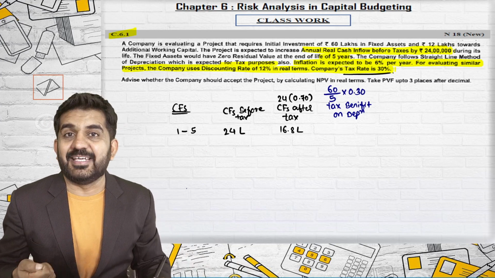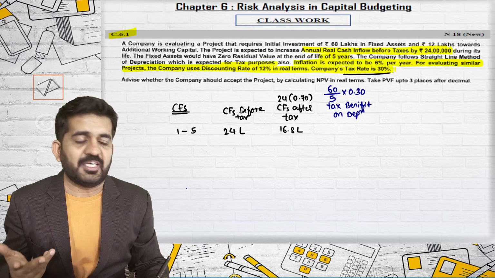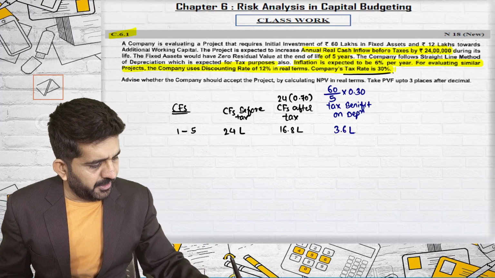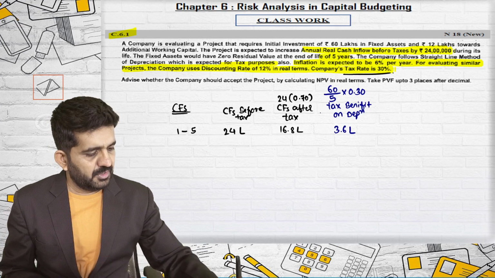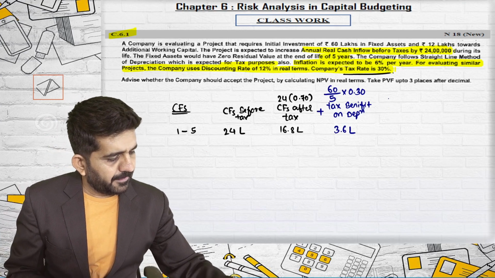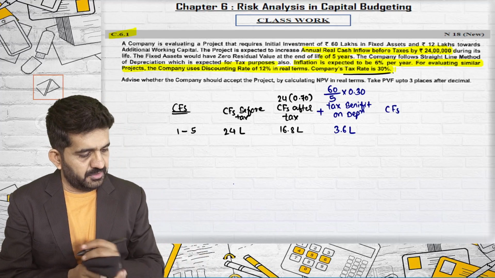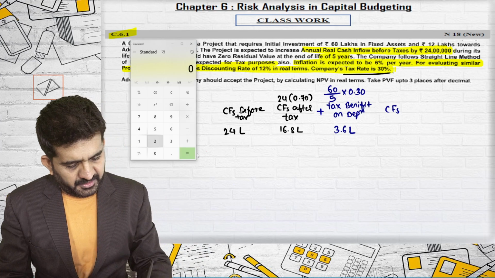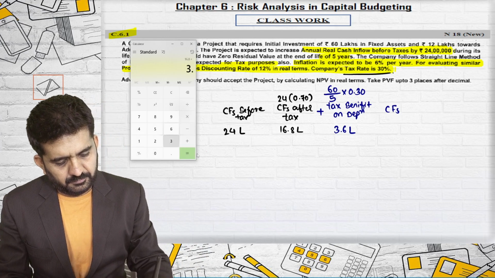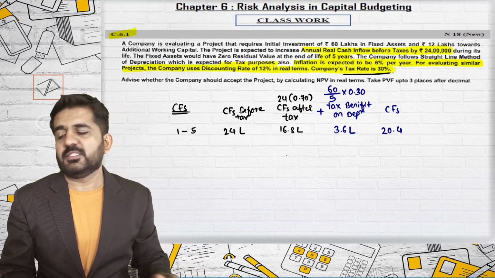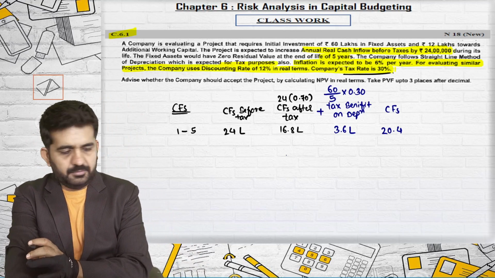After tax is 1 minus t, tax benefit is multiplied by t. So it is 3.6 lakhs. Adding this, I will be getting cash flows for 1 to 5 years. It is 16.8 plus 3.6, 20.4 lakhs. 20 lakhs 40,000.